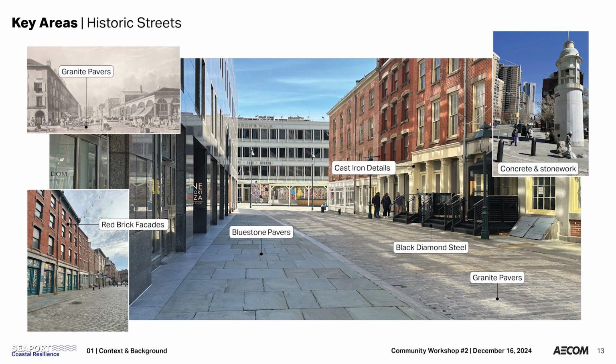Specifically in the historic street area, there are lots of materials that we're very much aware of that define the neighborhood and need to be preserved. They need to be integrated into our design, and they need to be paid attention to so that we put back what is there and what makes this neighborhood so distinct and beautiful.